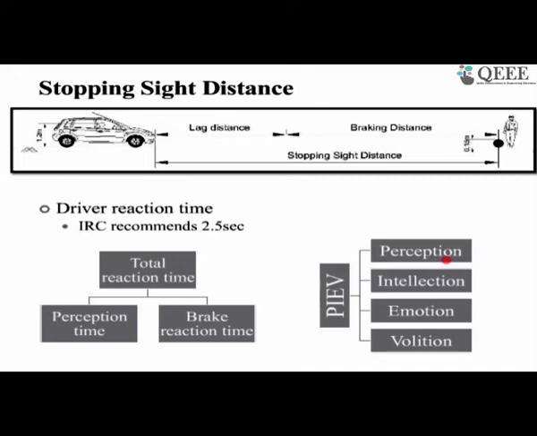If people are not following that, they just enter the high speed road like that and get into an accident. So there is no fault of the geometry or the alignment; it's the fault of the driver there.